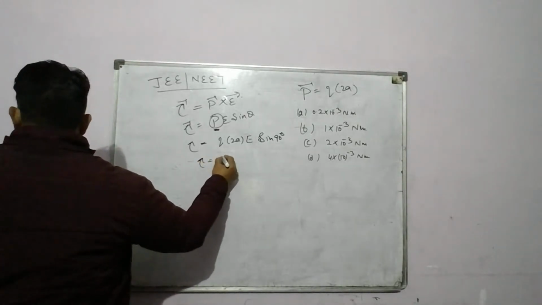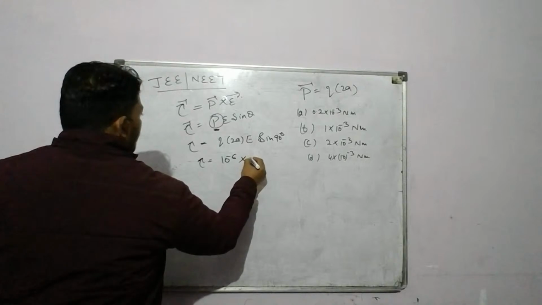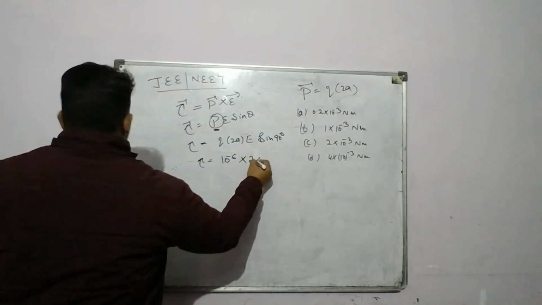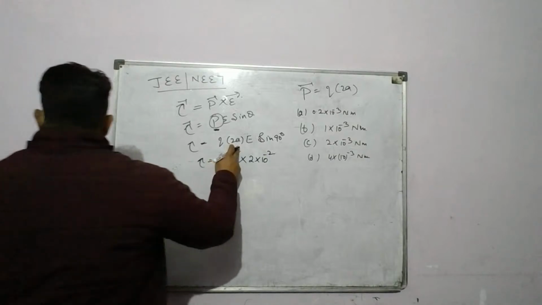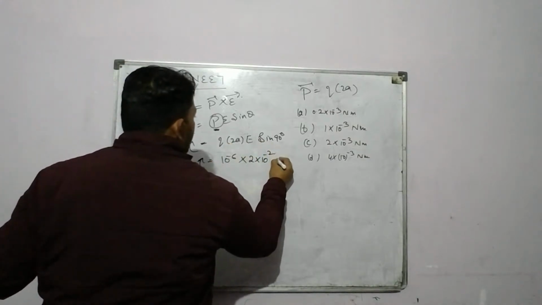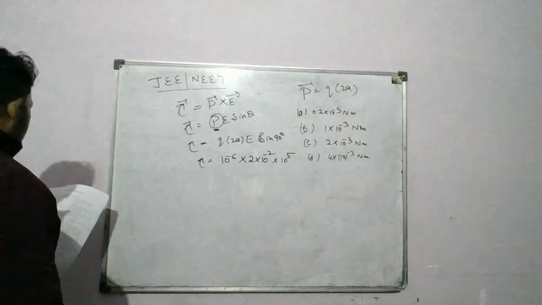Charge is given 10 raised to power minus 6 multiplied by 2 into 10 raised to power minus 2. This distance is given, and the electric field is 10 raised to power 5. Sine 90 is equal to 1.